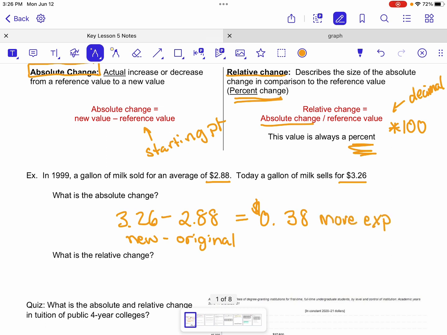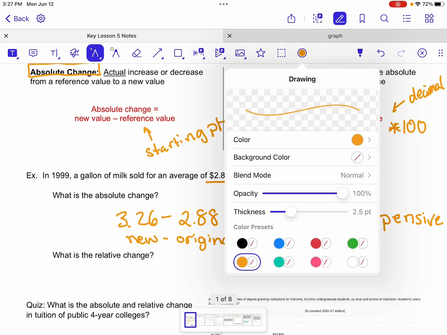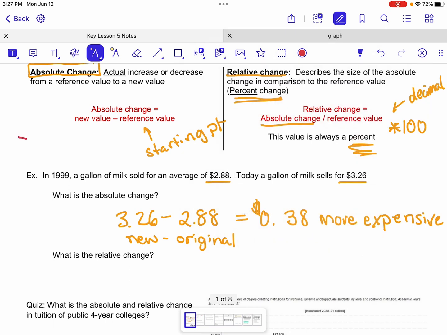If we got a negative value, then it would be a 38 cent decrease, so we care about whether it's going up or down. Give yourself a little note here. Maybe I'm going to put it up top, in red: the sign of the number matters. Don't drop it off.